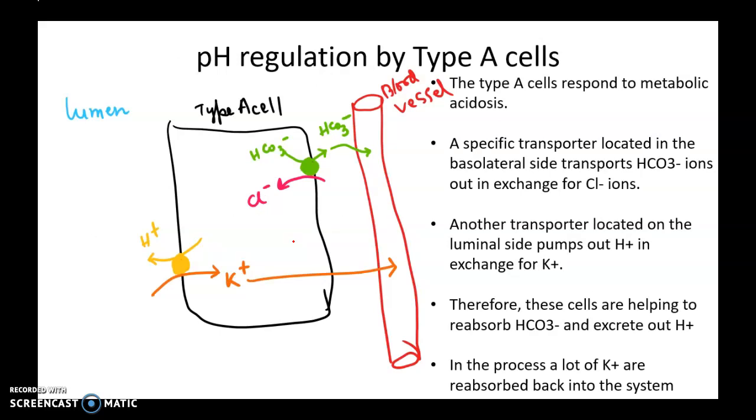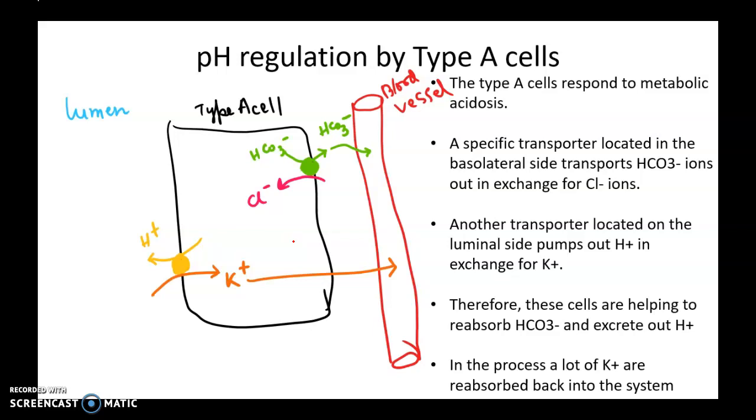So here we are looking at pH regulation by type A cells. Type A cells, remember, they respond to acidosis. There is a specific transporter located on the basolateral side, which is shown in green here, and that transports bicarbonate out of the type A cell into the blood vessel in exchange for chloride.